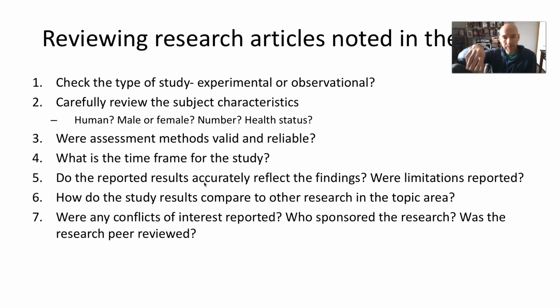And then lastly, there may also be a box in the paper that says if there are any conflicts of interest, okay? I know when I've submitted papers that I've written in the past, they always ask you to list any conflicts of interest that you may have. And if they're big enough, if they're severe enough, they won't publish the article. If they're minor, then they would be listed at the bottom of the article, okay?